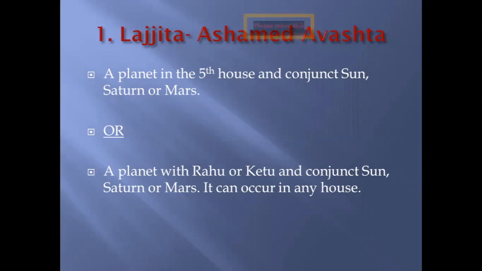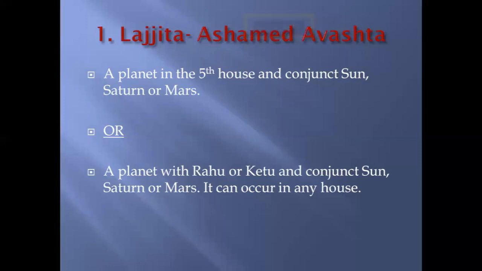Okay, and the first one is Lajjita or ashamed Avastha. How is it formed? Okay, so we need a planet in the 5th house and conjunct the Sun, Saturn, or Mars, or a planet with Rahu or Ketu and conjunct either Sun, Saturn, or Mars. And this can occur in any house. That's how it's formed.